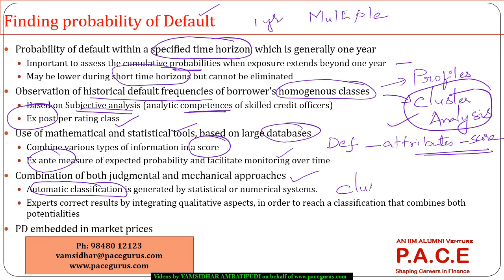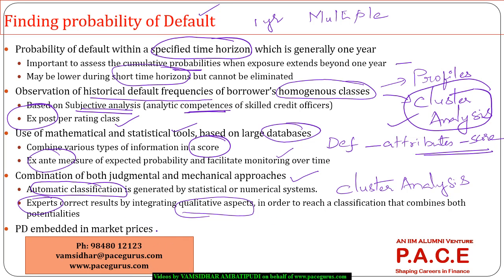Probably I can use cluster analysis or some such mechanism for classifying the customers. And once the automatic classification is done, that's where the experts come into the picture. Corrections are done by the experts. They look at the various qualitative aspects, and based on that they look at both the judgmental as well as mechanical. They look at the historical as well as the statistical part, do the appropriate corrections and bring out the best possible model.